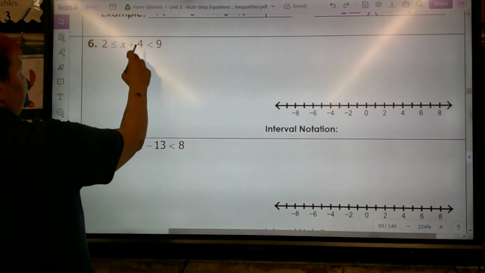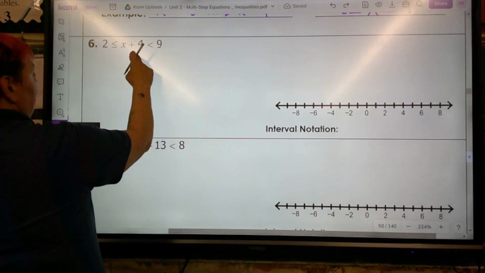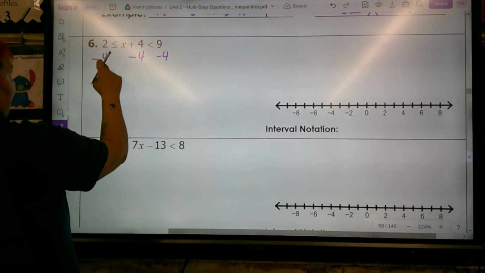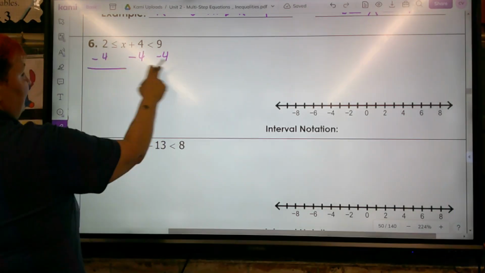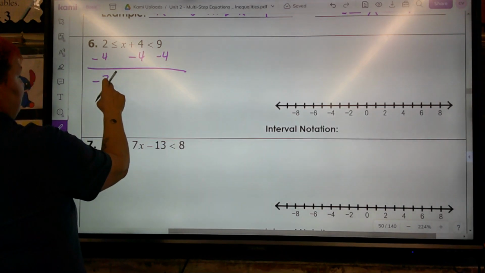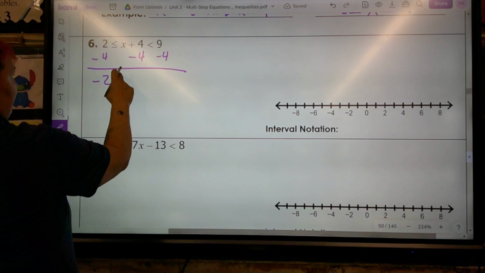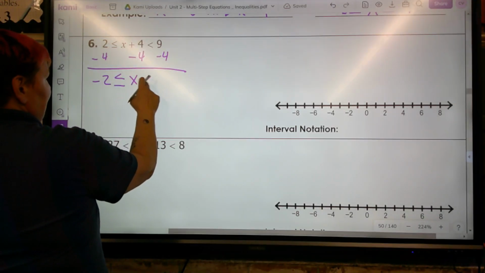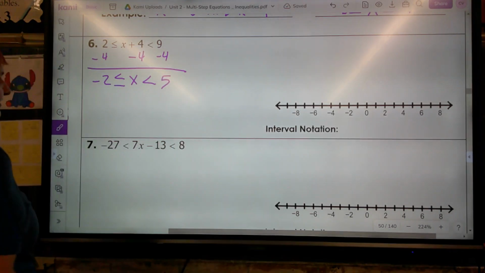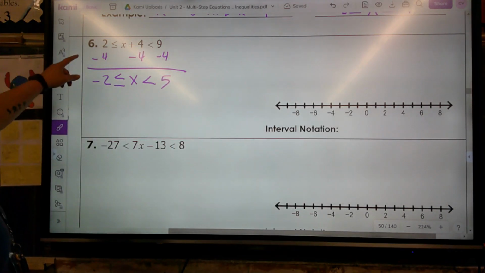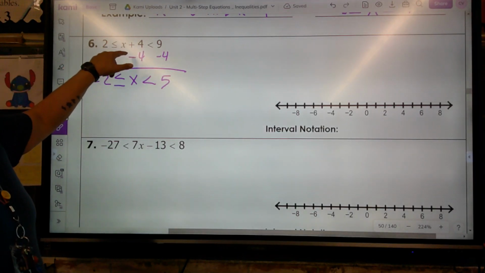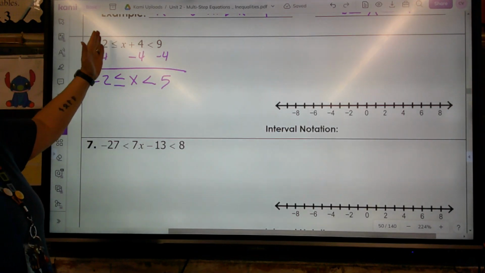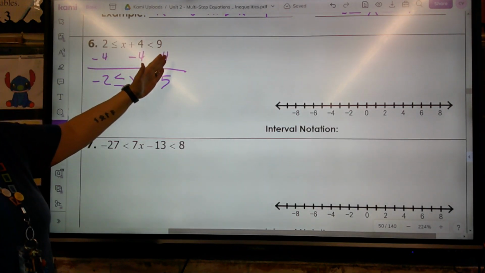If you're going to subtract 4 from here, you have to subtract 4 from here and 4 from here, right? So this is negative 2 less than or equal to x, which is less than 5. So if I subtract 4 from the middle, I have to subtract 4 from the ends too, because this is 3 different expressions.